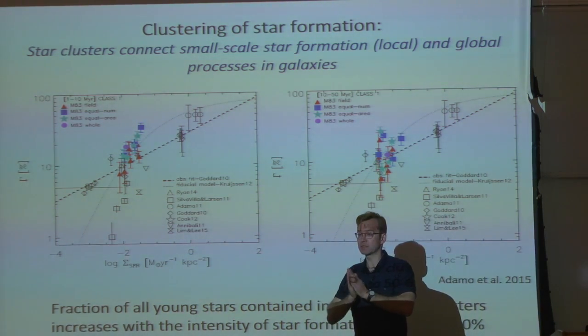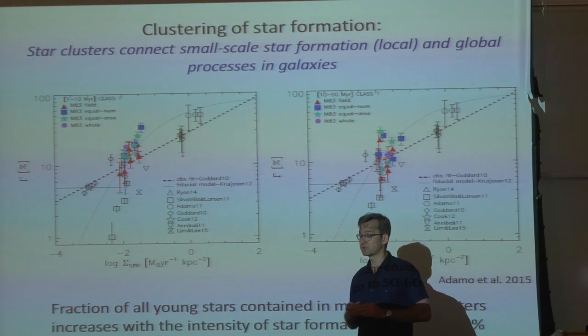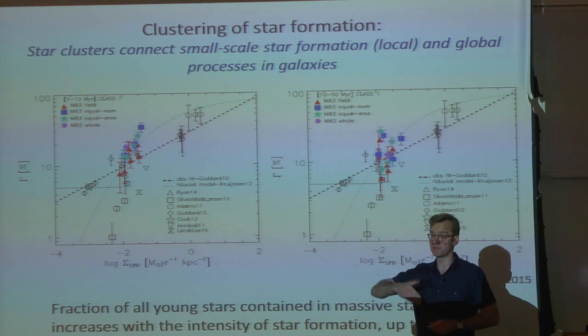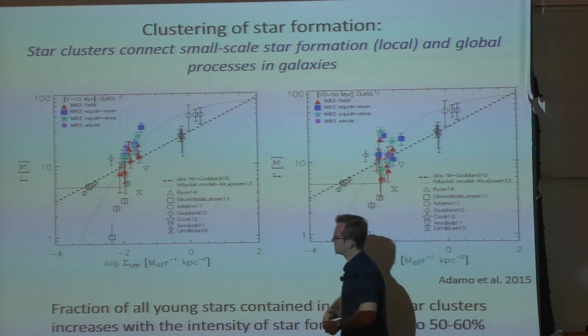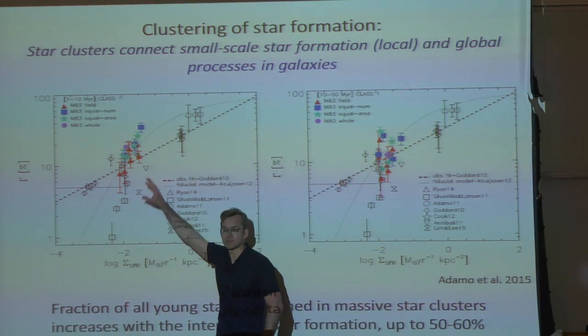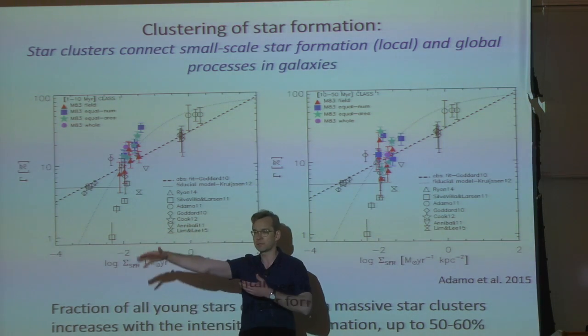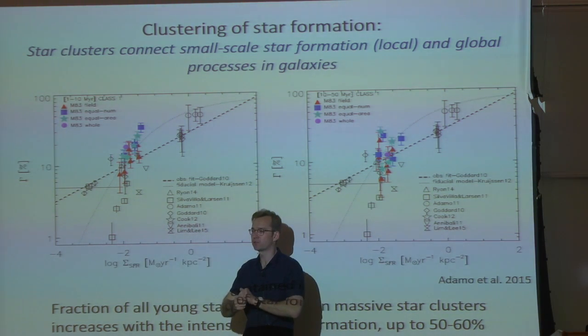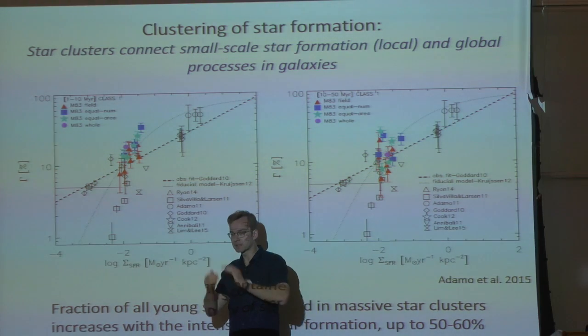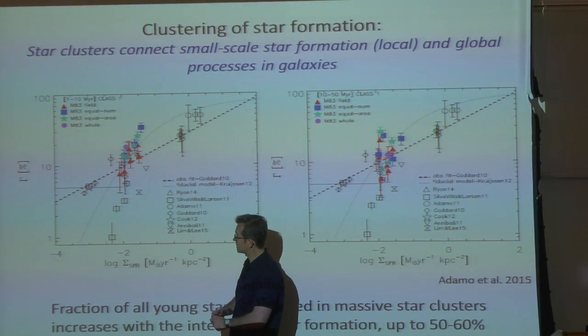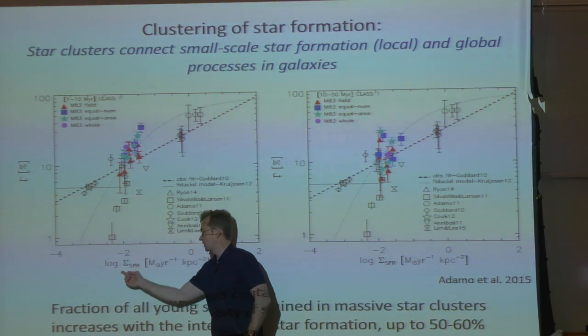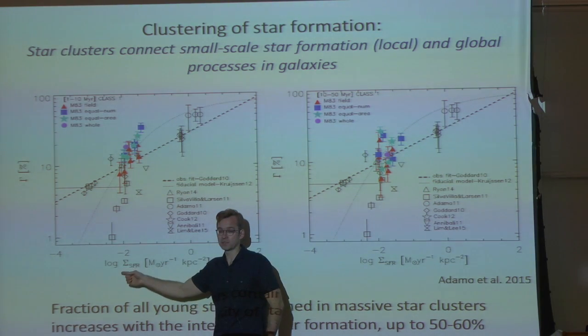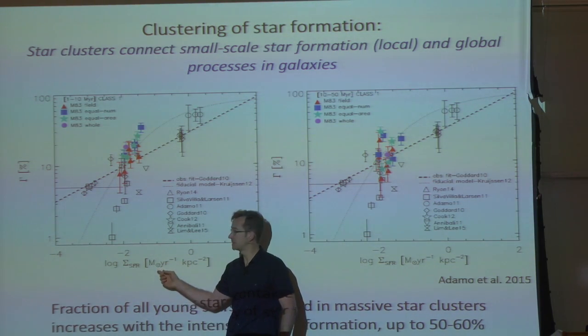The compact star clusters become a very important mode of star formation when it is very active. What this plot shows is the fraction of all young stars that we observe in our galaxy and nearby star-forming galaxies that are forming in these compact configurations of star clusters versus the rate of star formation per unit density.